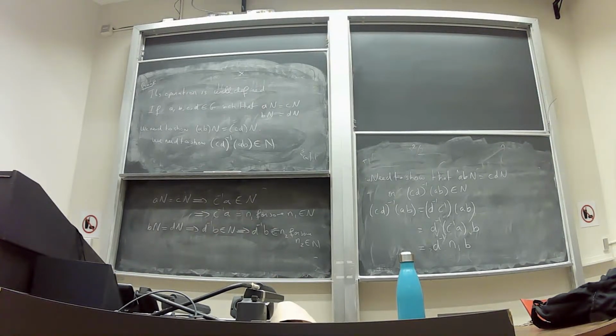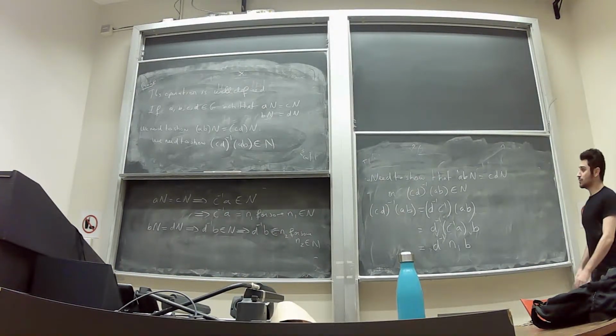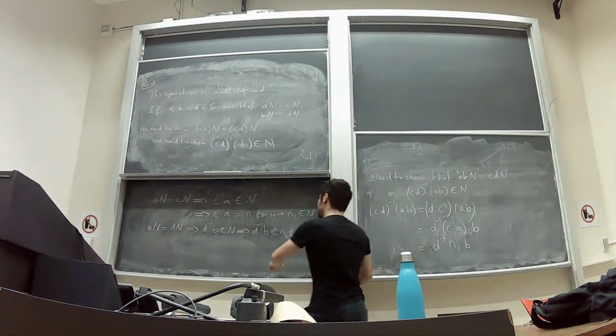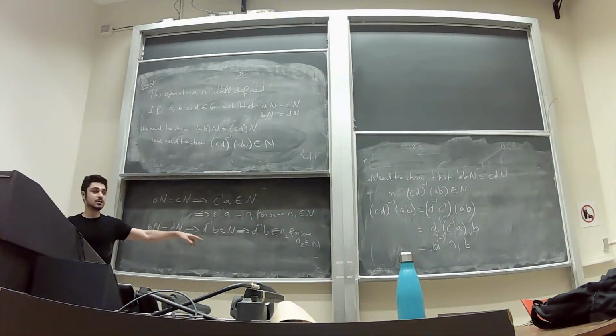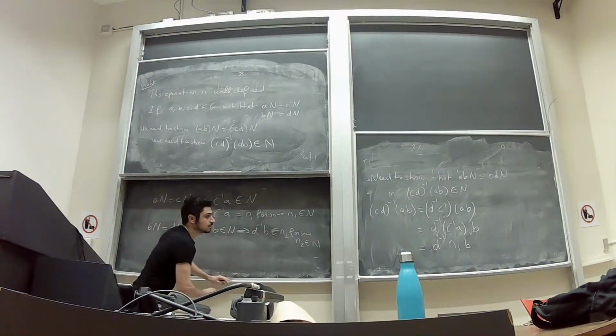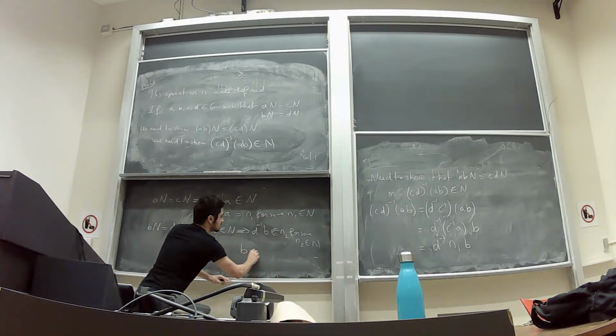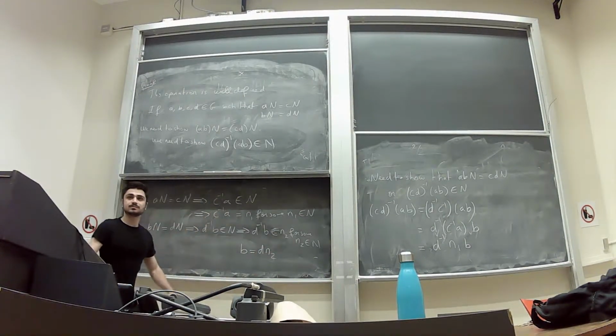Yes. Now we need to use the fact that N is a normal subgroup. Exactly. Now is where normality comes in. So what do I have here? I have that D inverse B is equal to N2. Agree? So let me write B as D times N2.